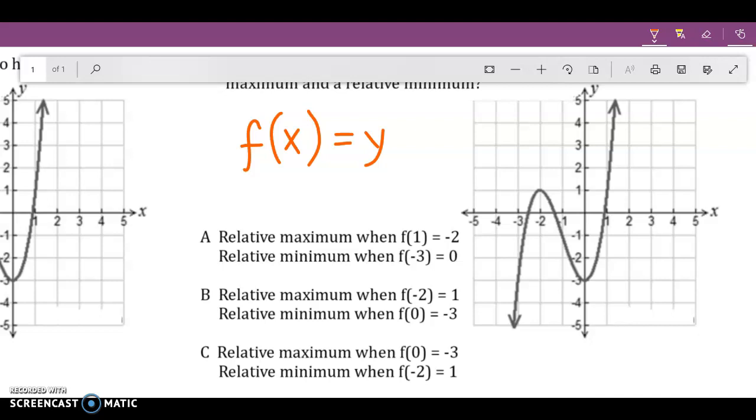The y-coordinate is going to be after the equal sign, okay? So I think that deciding where the relative maximum is and where the relative minimum is is easy, but you just need to remember that once you find those 2 points, the x-coordinate of the point goes in the parentheses, the y-coordinate goes after the equal sign. Okay, so just be careful with that one.